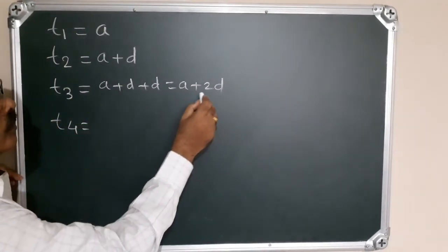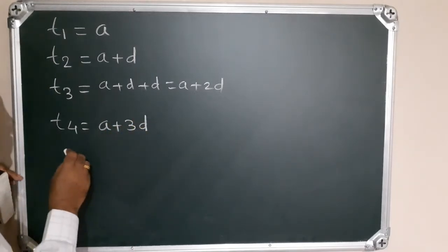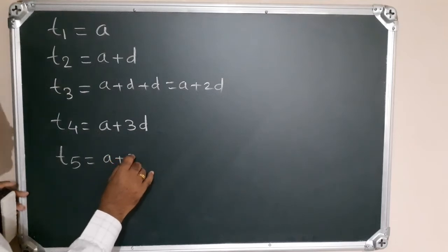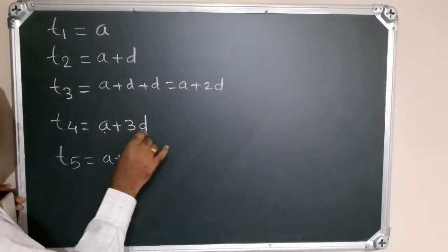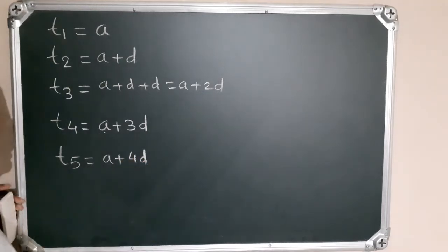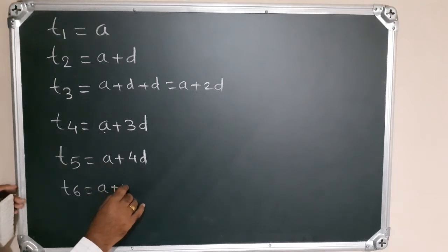So a plus 2d plus d, that means a plus 3d. Like that, T5 is a plus 4d, and T6 is a plus 5d.